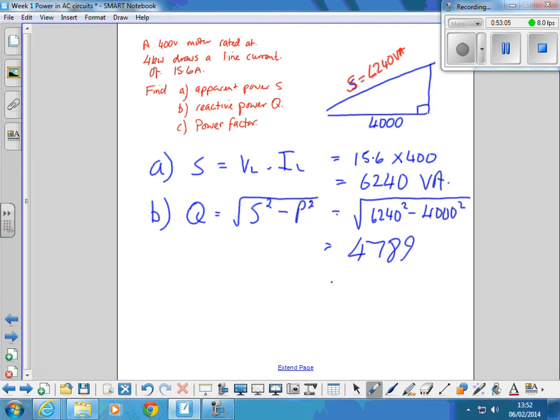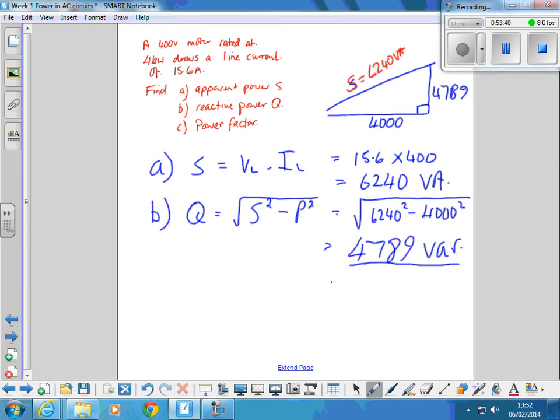4789 VAR, yeah. Four, 7, 8, 9. It stands for volt amps, but the R is representing volt amps reactive. On real power systems, we're quite often going to be talking about kVA, kVAR, and kilowatts.